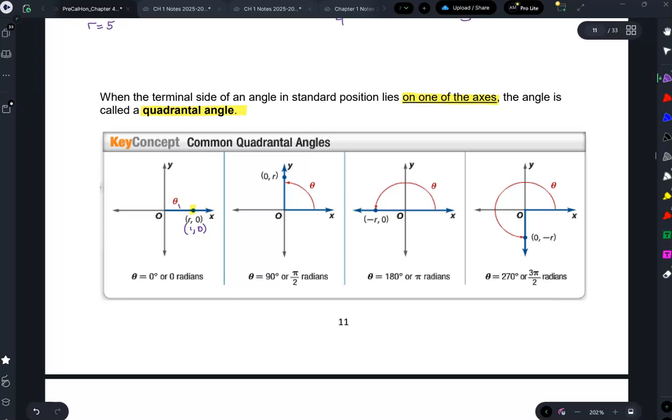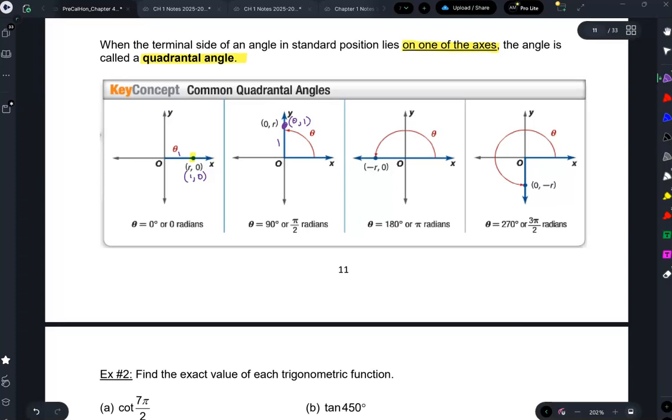So a point here, like let's just come up with a coordinate point, 0, 1. What would r be in that case? 1. So when we always choose the ones, r also becomes 1, and it just makes it easy for us. So here it would be, let's say, -1, 0, and so on. So let's do the same thing for the first one, 0 degrees, that we were doing.